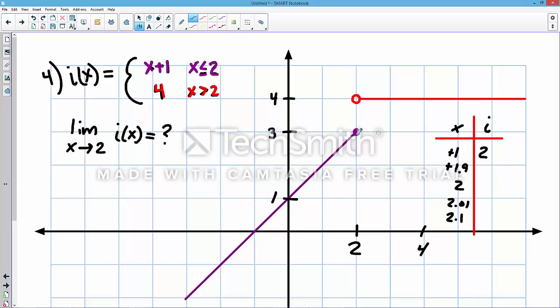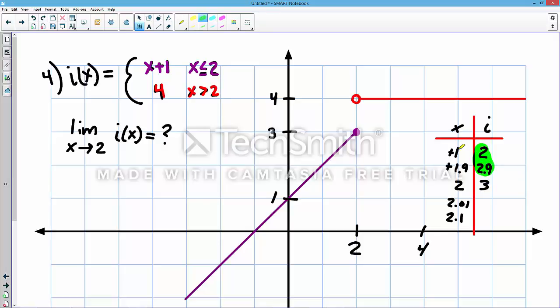At 1.9, we get something close to 3, right? 1.9, we get 2.9. And at 2, we get 3. So at first glance, without checking the other side, we may say, oh, look at it, it's approaching 3, right? Again, I don't care what happens here. That number doesn't matter to me.